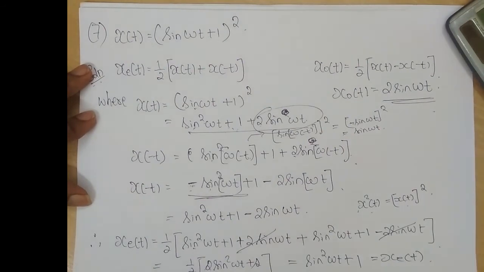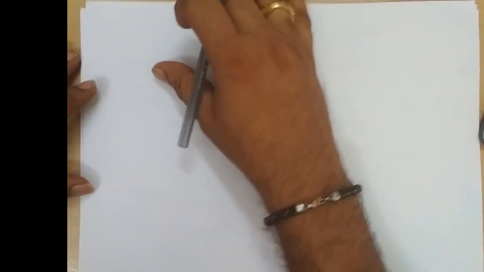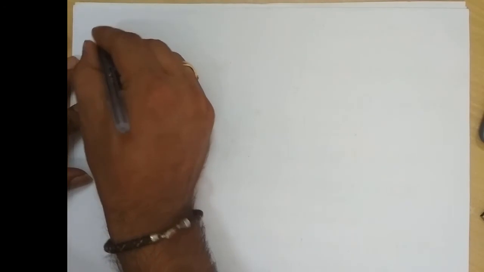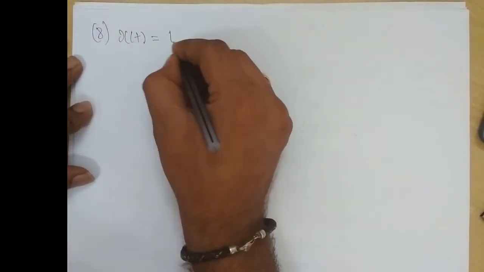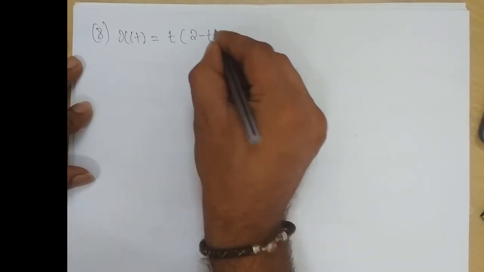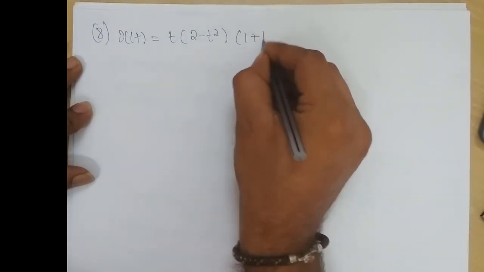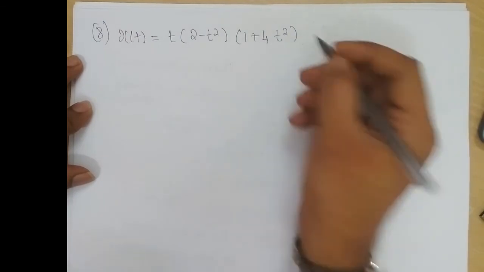Fine. Take up one last problem, but I'll give you the solution. You try to solve this. Okay. So what is the problem number? It is 8. So 8th problem. So x of t is equal to t into 2 minus t square into 1 plus 4 into t square.